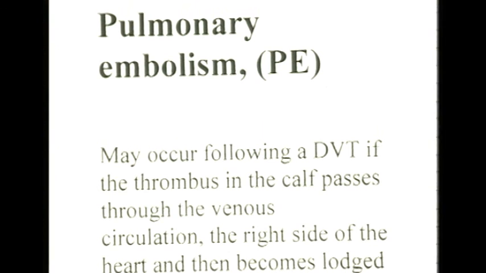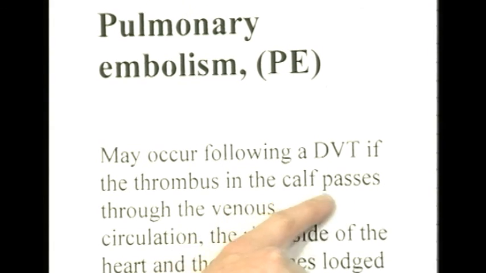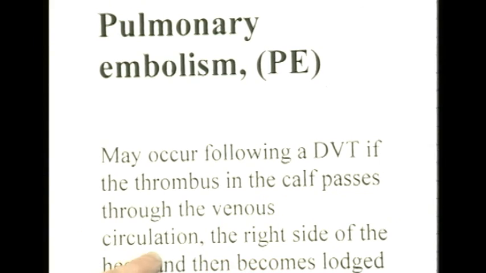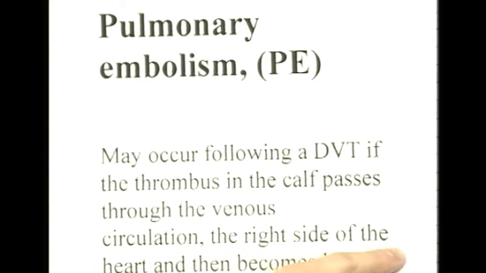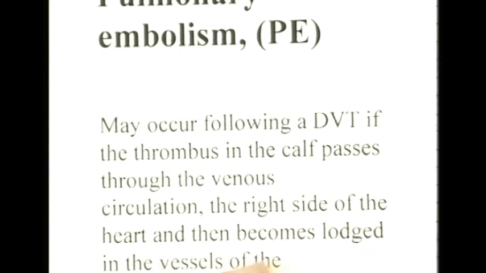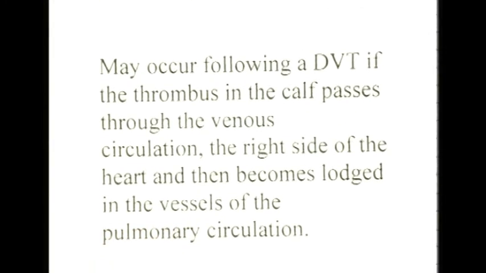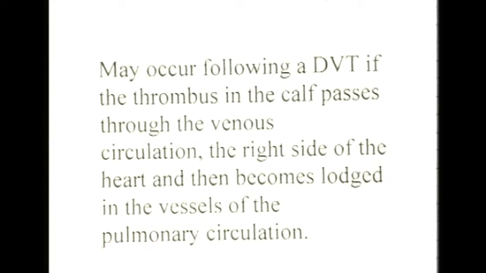So a PE, we normally abbreviate this to PE, may occur following a deep venous thrombosis. So we very often talk about PE secondary to DVTs. So if the thrombus in the calf, or whatever leg vein it's in fact, passes through the venous circulation, the right side of the heart, and then becomes lodged in the vessels of the pulmonary circulation, we have a pulmonary embolism.